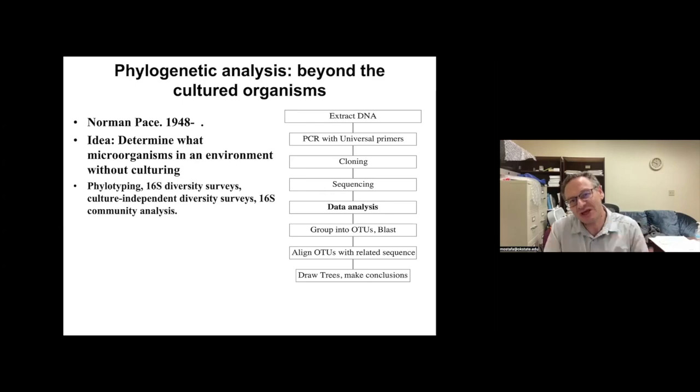So you can sequence 100 molecules, 1,000, 10,000, 1,000,000 molecules of this 16S ribosomal RNA PCR product. Every sequence you get is theoretically representative of a ribosome that came from a single cell present there.